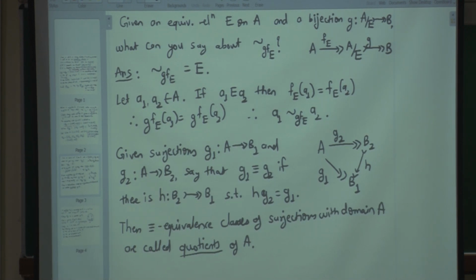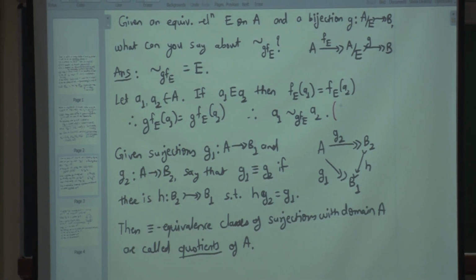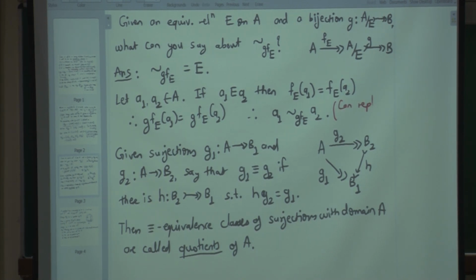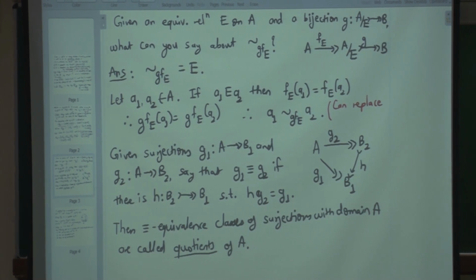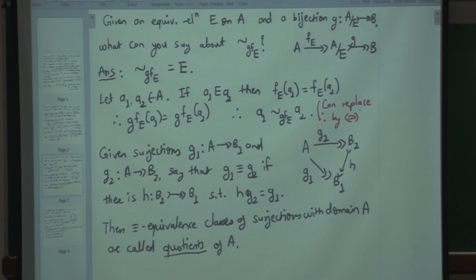Actually, maybe I should write it down here that these are bi-equivalences. I said that orally, I did not write that. You can replace the implications by equivalences, and therefore it is true.